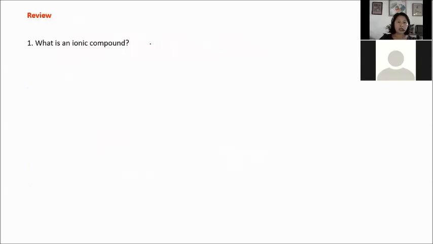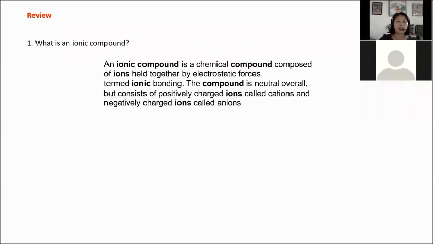So, what is an ionic compound? It is a compound composed of ions held together by electrostatic forces, termed ionic bonding. The compound is neutral overall. What does neutral overall mean? Look at the formula of NaCl and MgCl2.